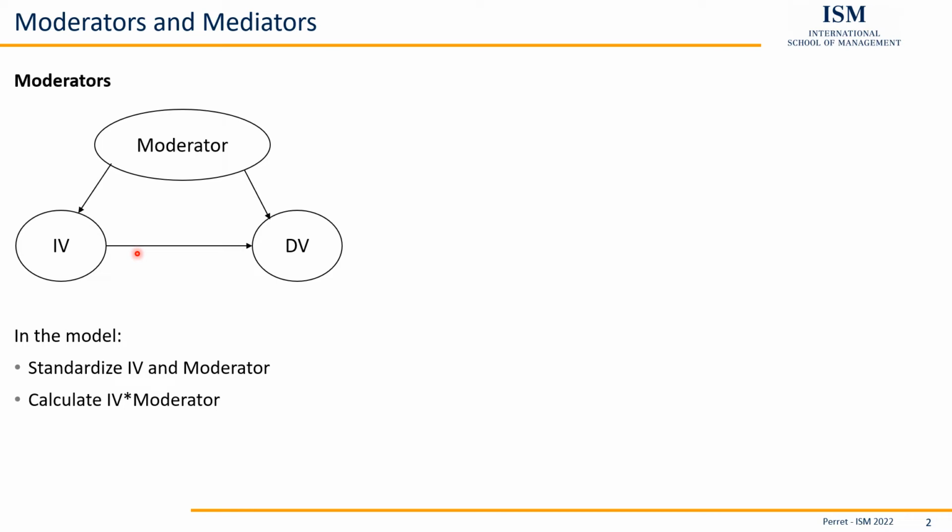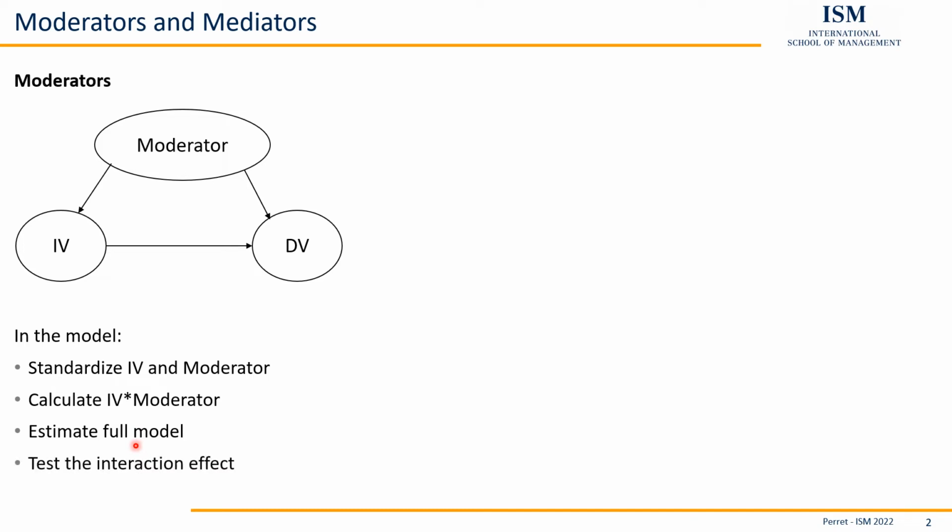Then you calculate the interaction term or the moderating effect, which is moderator times independent variable, and include this interaction term into your model, which here I called the full model, and estimate this.